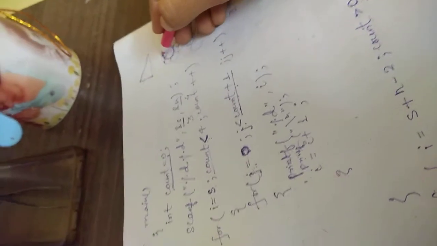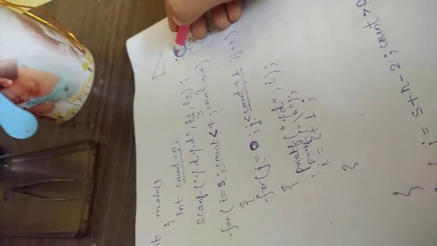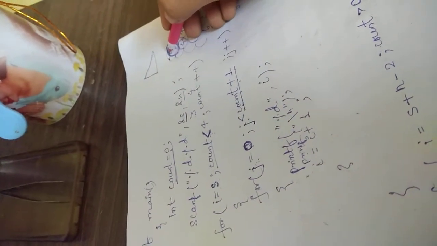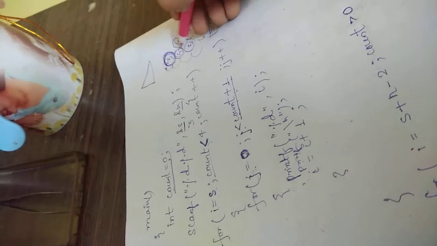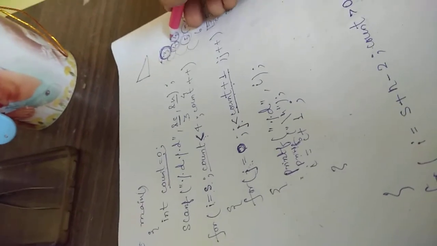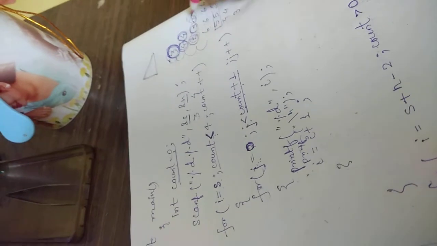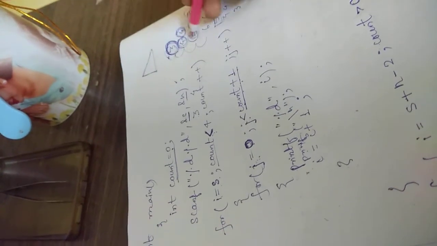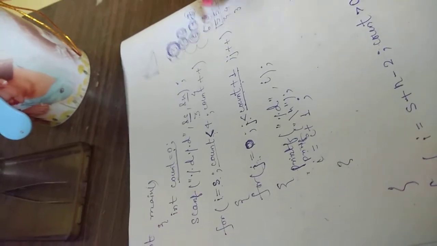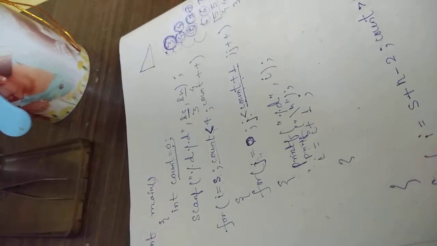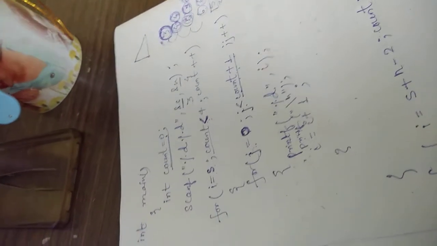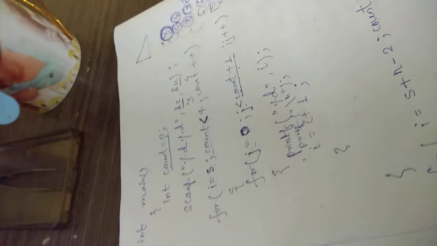see here. The first time the count value was 0. Okay. Then it went 1, 2. Then 0, 1, 2. 0, 0, 1, 0, 1, 2, 0, 1, 2, 3. Here 0, 1, 2.